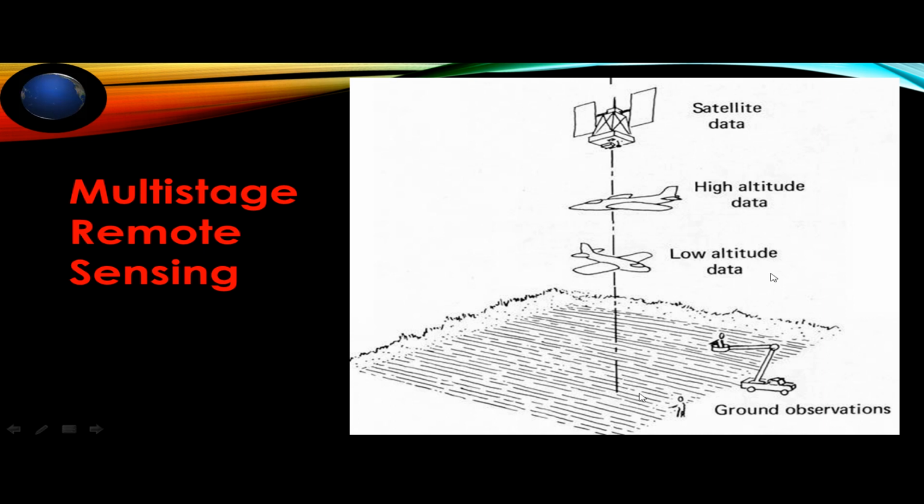And the airplane or aircraft is also helpful to take aerial pictures or imagery, high altitude data up to a certain distance or elevation from the earth surface. The satellite is very far, in kilometers, to sense the earth feature. So these are the multi-stage remote sensing products.